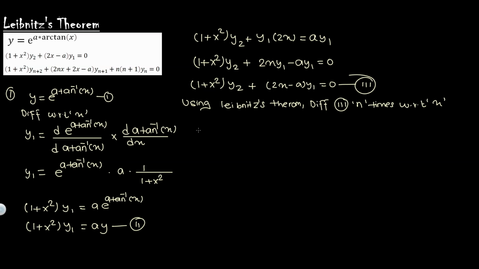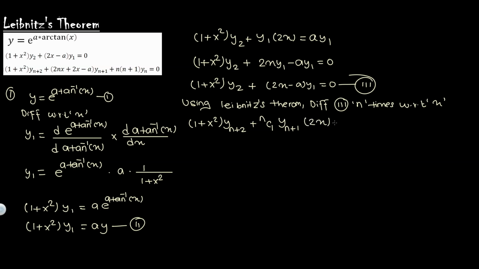The step is, keep 1 plus x square as it is, and since we have y2 here, write y n plus 2. Plus, in the next step write nc1, and we have n plus 2 here, so reduce it by 1, we will get y n plus 1, and the derivative of this term will be just 2x.